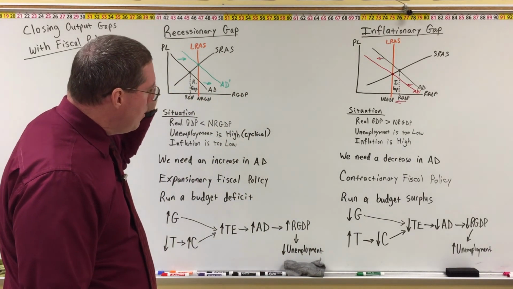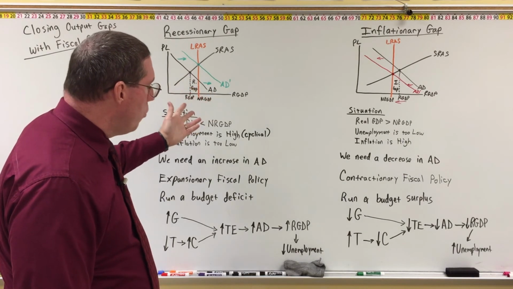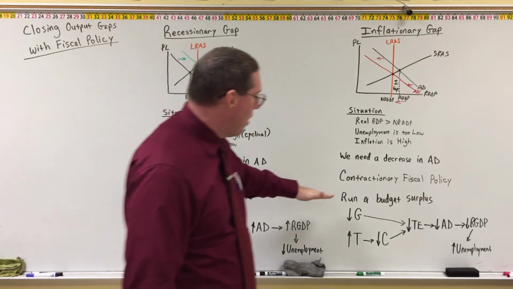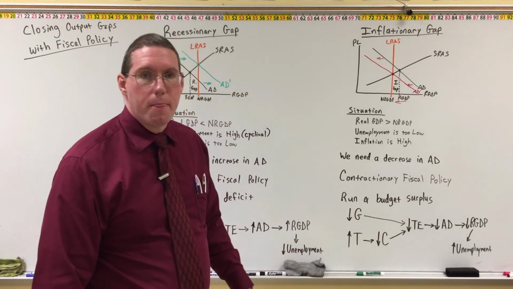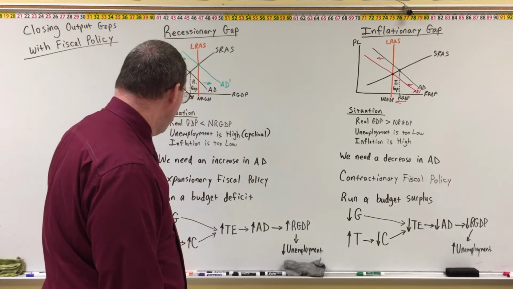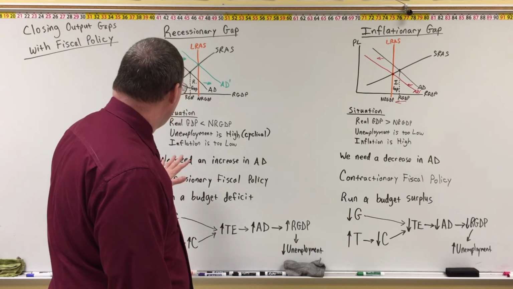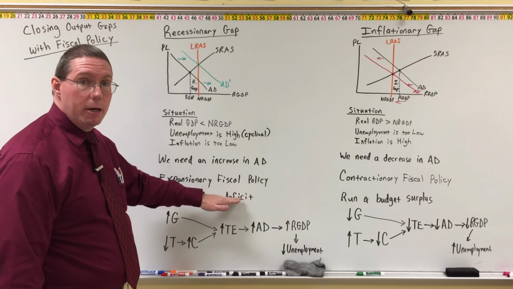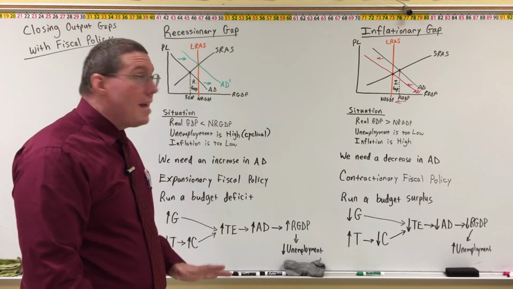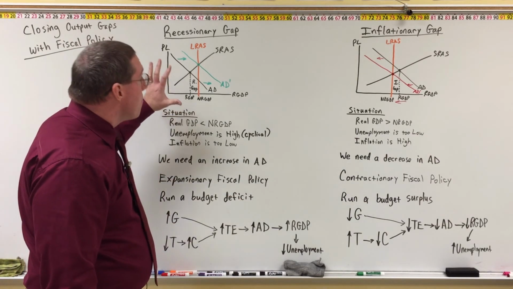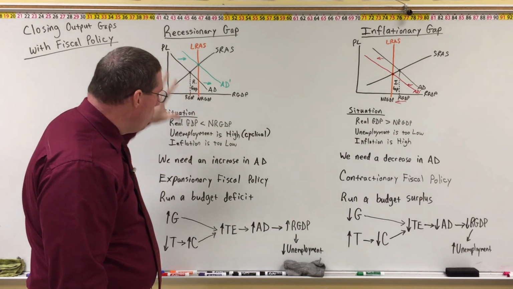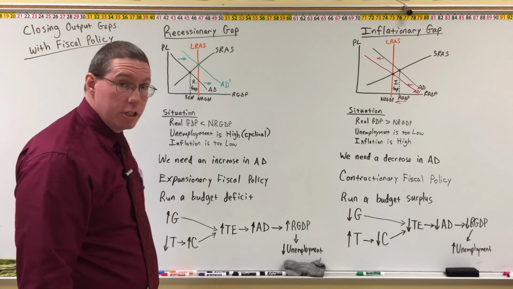But in the last 70 years, we've had fewer than 10 years where we have run a budget surplus in our economy. And we have had many, many years where we have been running a budget deficit. So if we haven't spent as much time in a recessionary gap, then you would think that we wouldn't spend very much time running a budget deficit.